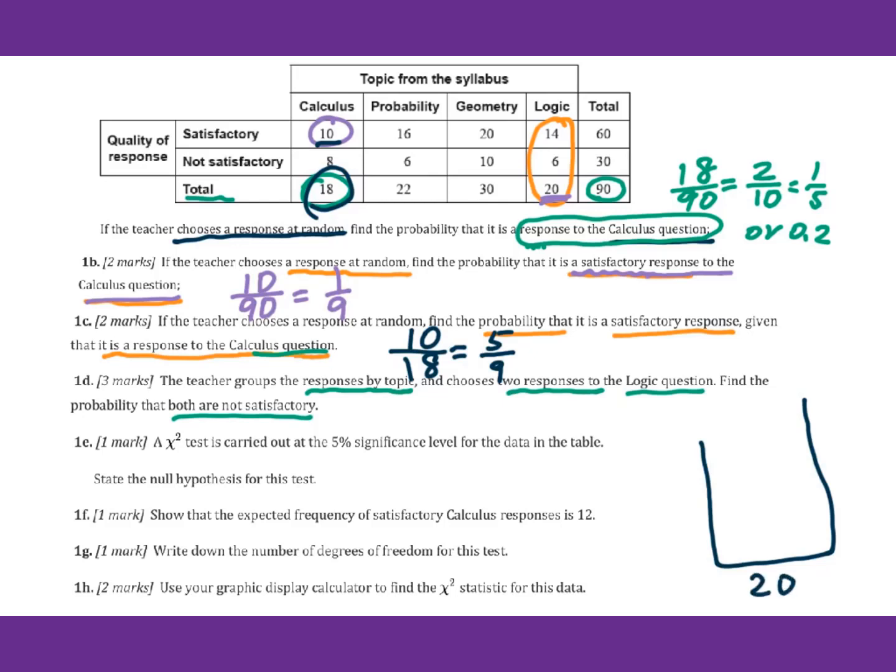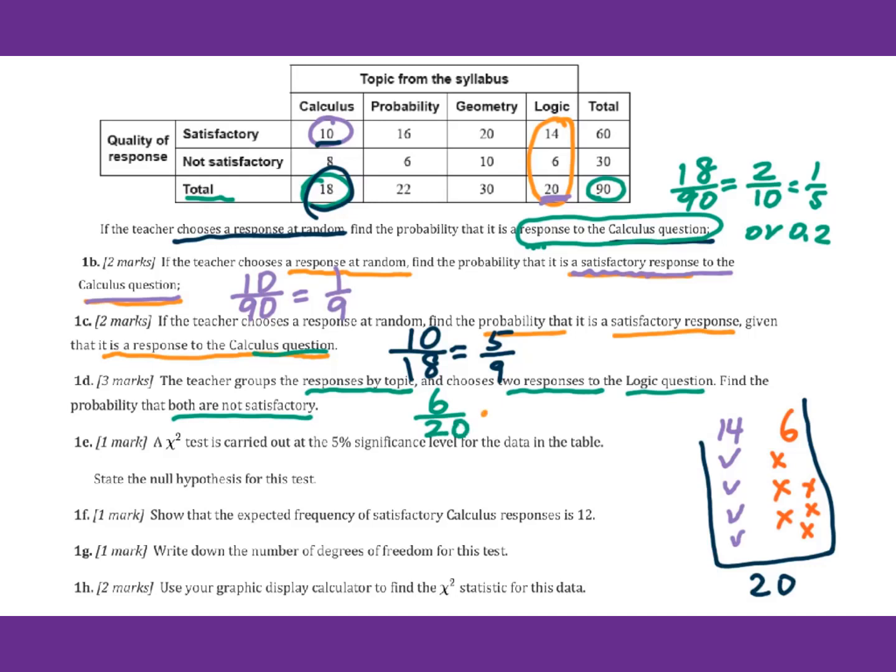Altogether is 20 responses. We have 14 that's satisfactory. Not satisfactory, that's 6. What's the probability I choose one response from this bag and get not satisfactory? It will be 6 over 20.